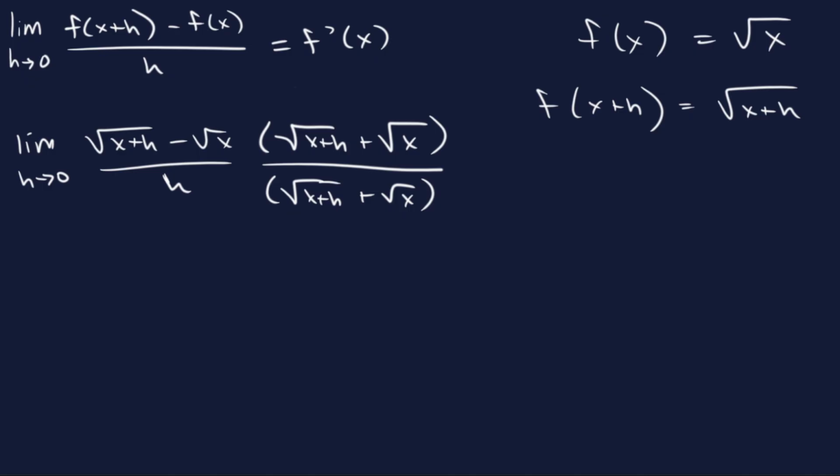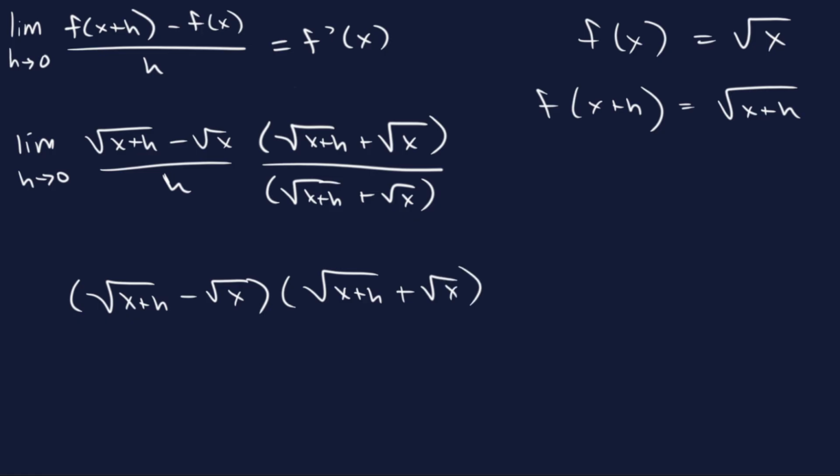So let's try to multiply out the top and see how it FOILs out. We are just going to do that by FOILing. So it will be the square root of x plus h minus the square root of x times the square root of x plus h plus the square root of x. So the first term will be the square root of x plus h times the square root of x plus h. And whenever you multiply something by itself, that is the same thing as squaring it.